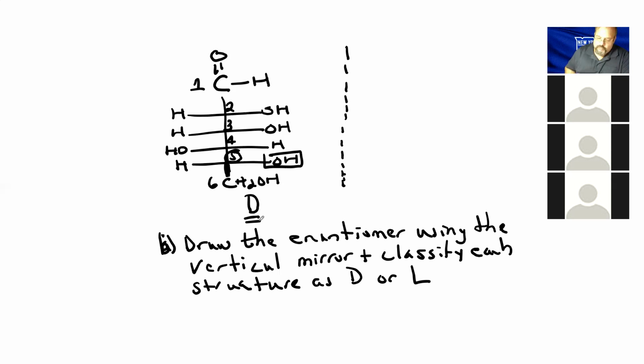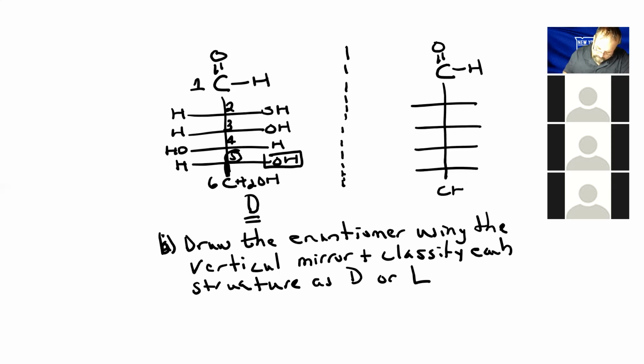Now, how do we draw the enantiomer? Using the vertical mirror. So remember, in Fischer projections using the vertical mirror, everything vertical stays the same. Carbon 1, carbon 2, carbon 3, carbon 4, carbon 5, carbon 6.